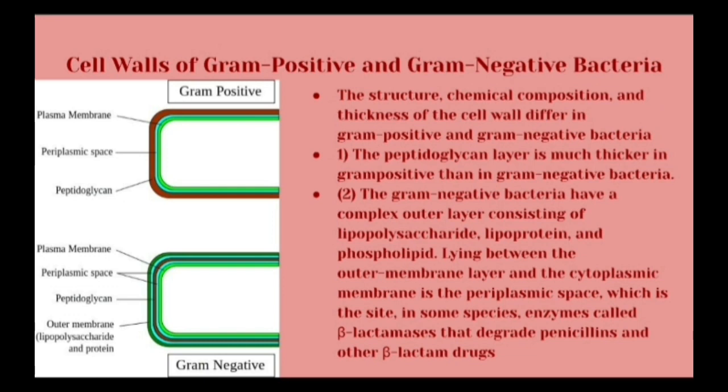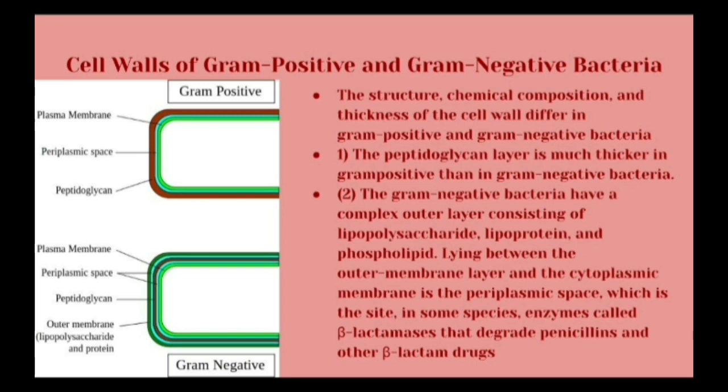In gram negative, going from inside to outside, there is a plasma membrane, then a periplasmic space, then peptidoglycan, and an outer membrane of polysaccharide and protein. Gram negative is composed of many layers, so it is very difficult to stain gram negative bacteria.